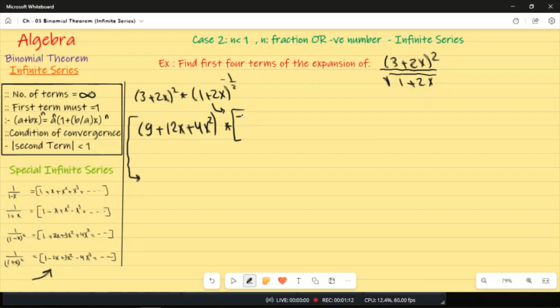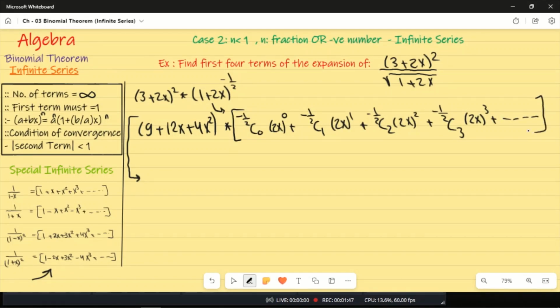Here we have negative half combination 0, 2x power 0, plus combination 1 into 2x power 1, plus combination 2, 2x power 2, plus combination 3, 2x power 3, plus our continuation.